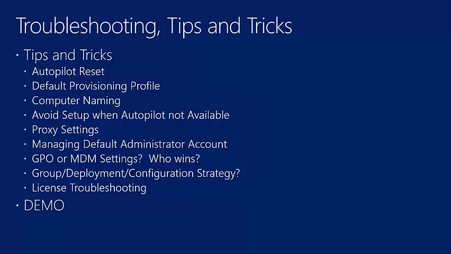Now, in terms of group deployment and configuration strategy, right? What is the direction here? The topic of how to best create a group structure to support staged deployments in an organization is pretty complex, really beyond the scope of our current discussion. One specific Autopilot example revolves around how to ensure base settings are targeted to all devices that are imported and Autopilot ready.